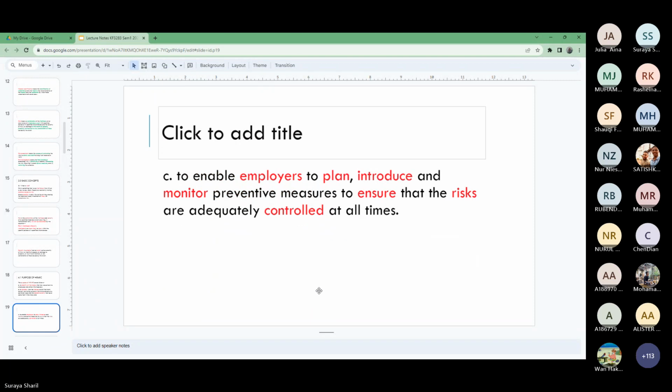And the third purpose is to enable the employer to plan, introduce, and monitor preventive measures to ensure that the risks are adequately controlled at all times.